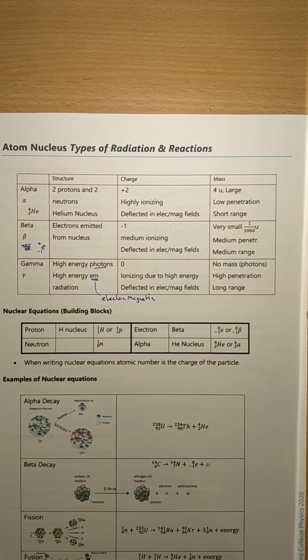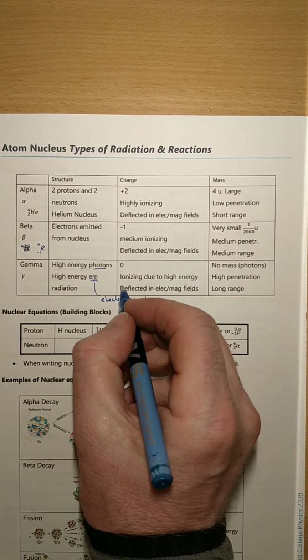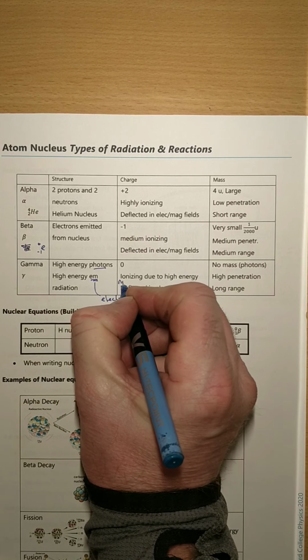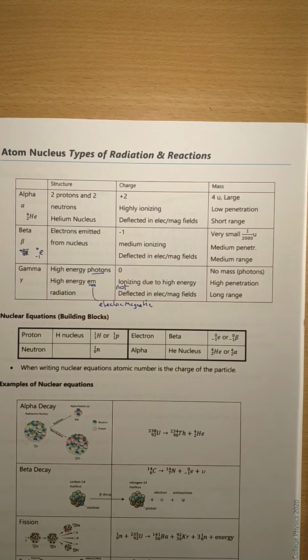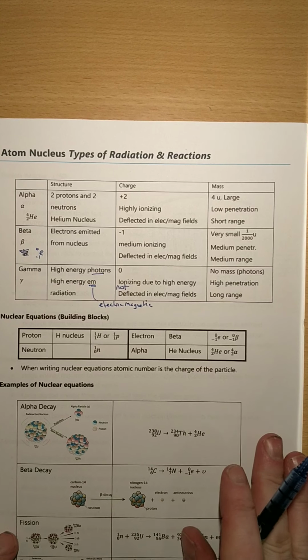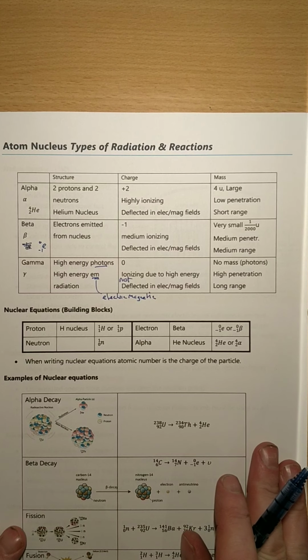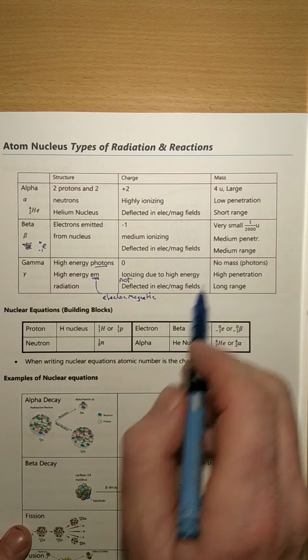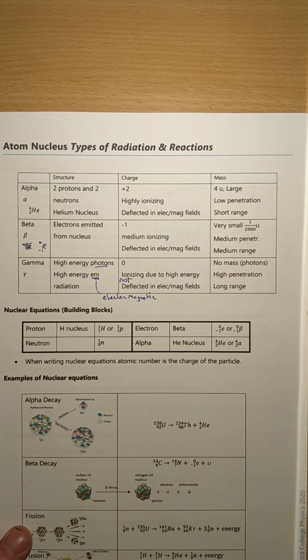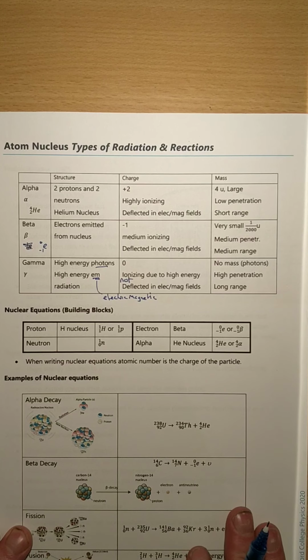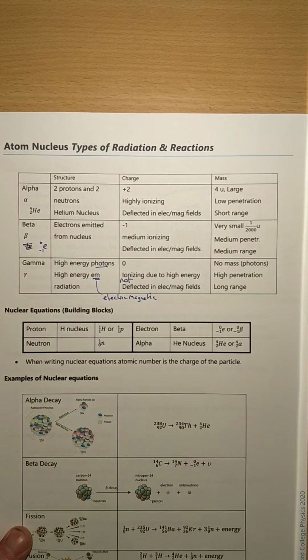And another error here: not deflected. Very important, not deflected in electromagnetic fields, because it has no charge. Okay, no mass because it's a photon, has a high penetration and a long range, so it will penetrate a lot, as we'll see later. So there are the three types of radiation that occur in radioactivity.